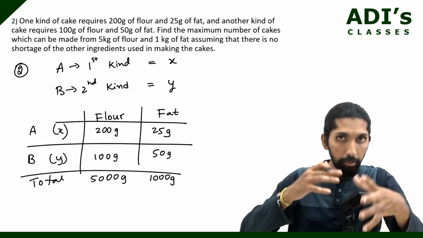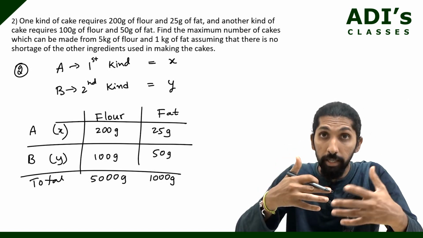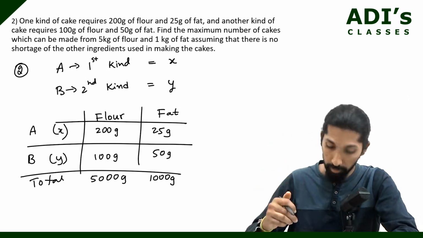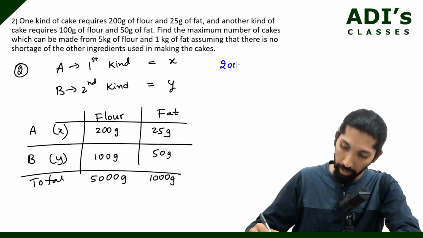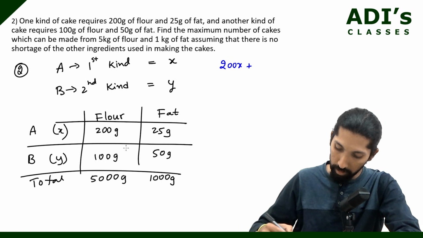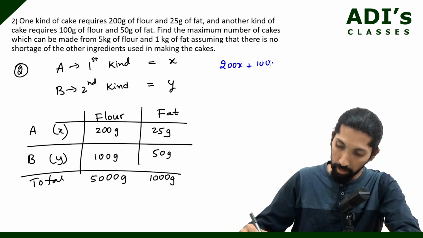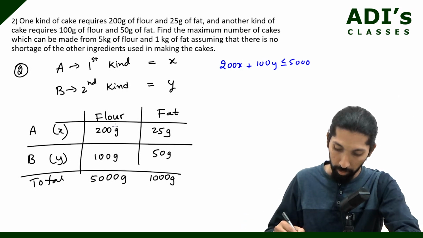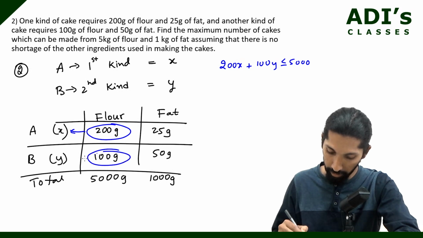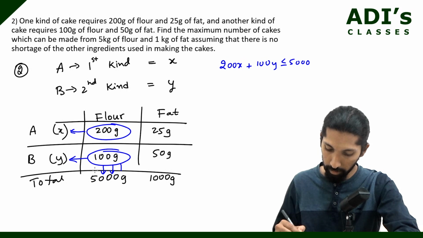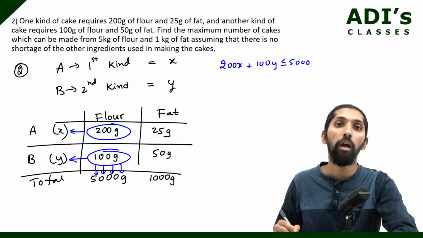Now let's make a mathematical equation out of it. First we have 200x plus 100y less than or equal to 5000. 200 into x, 100 into y is less than or equal to 5000.